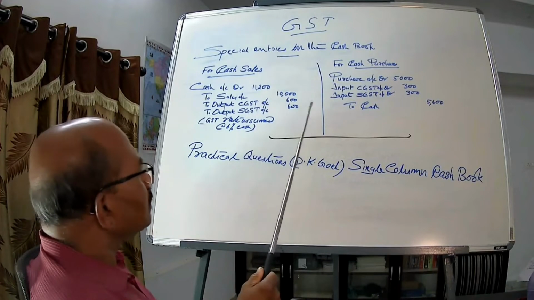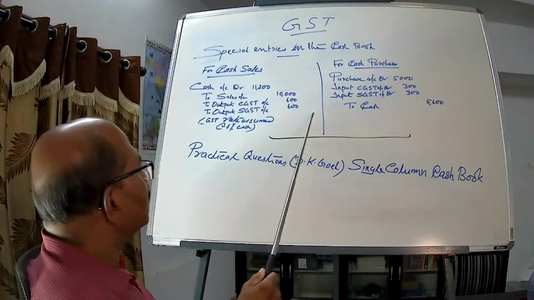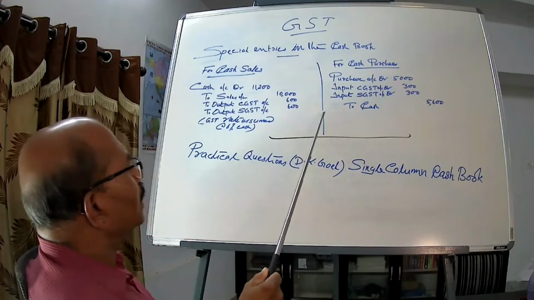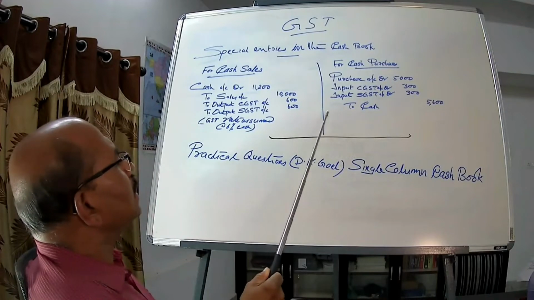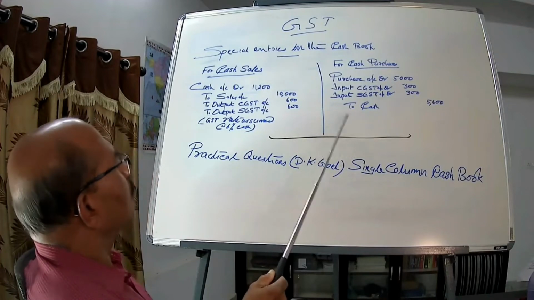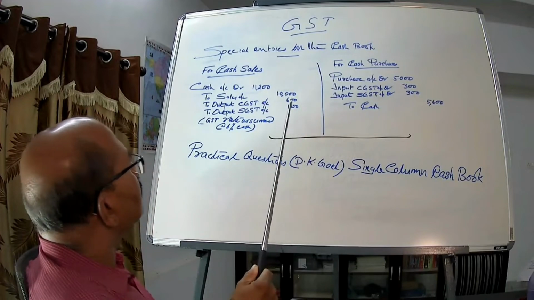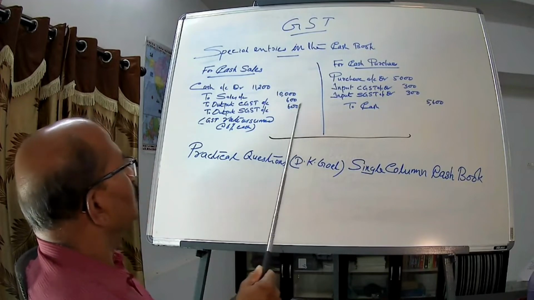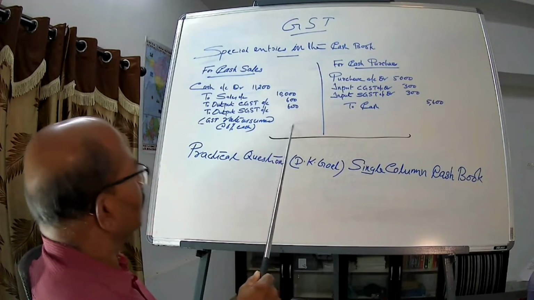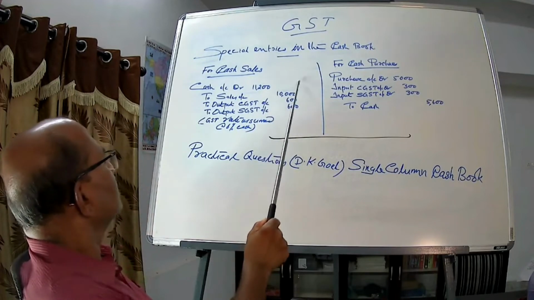Okay. This has to be learned in detail when we take up GST accounting in detail. For the moment, I'm explaining only how we will manage a cash book where these entries creep in. Okay. What is this transaction all about?